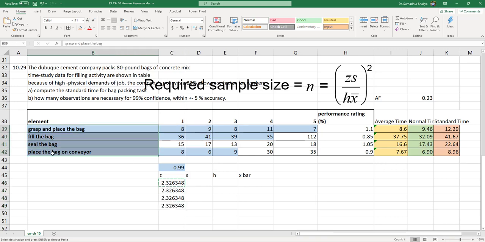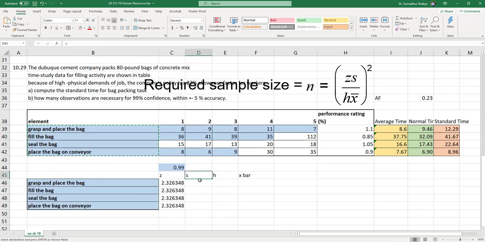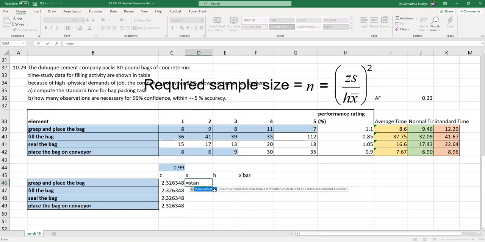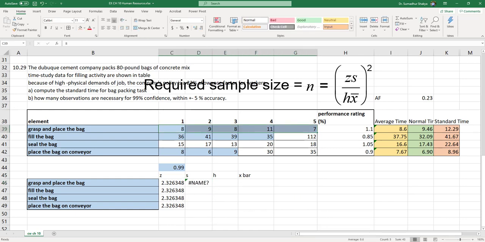Okay, so excuse me, and then S is for the standard deviation. Now again, when we calculate the standard deviation, you need to calculate this for the same number of variables that we calculated the average for.